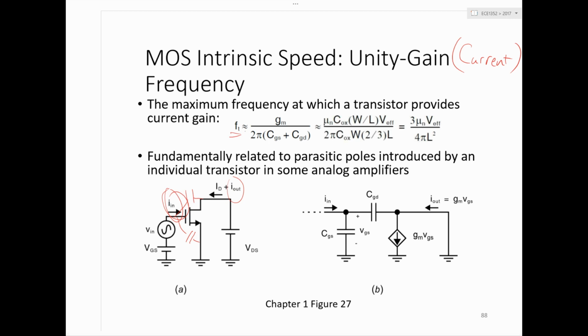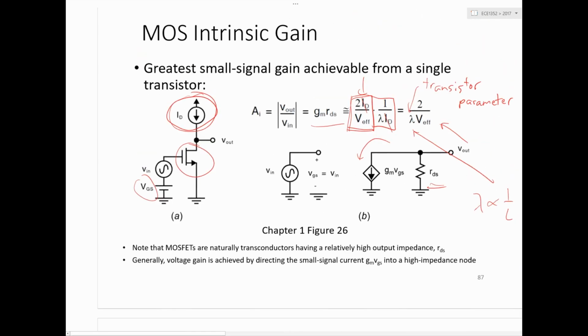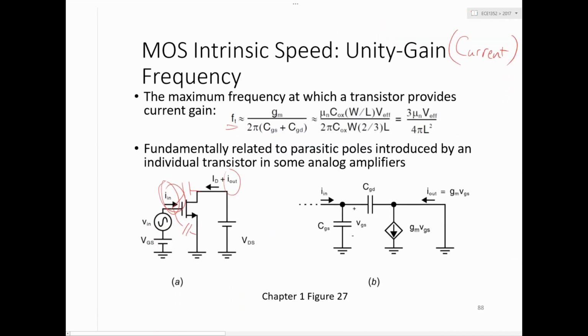So how do we measure it? Just like for the case of the intrinsic gain of the amplifier, we hooked up some biasing around it that would allow us to measure the full gain, right? So basically we used an ideal current source to bias it. By the same token here, to do this test, if it's in simulation or the lab, you try and bias it in a way that allows you to see the full current gain of the amplifier.